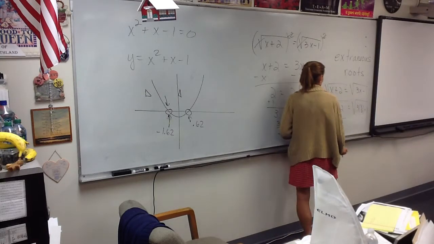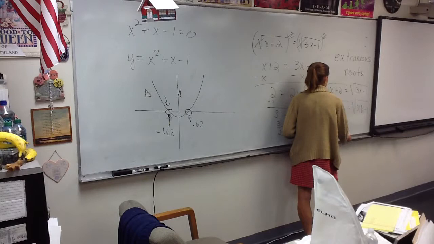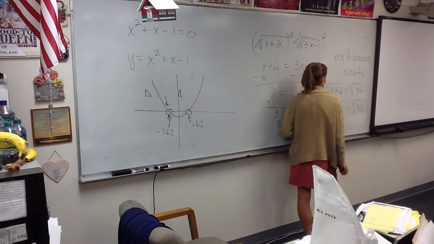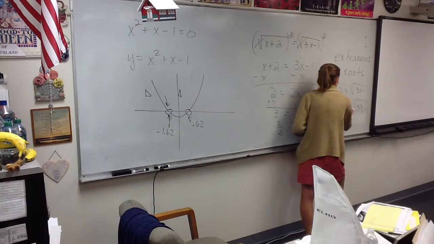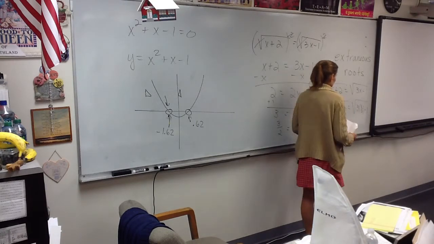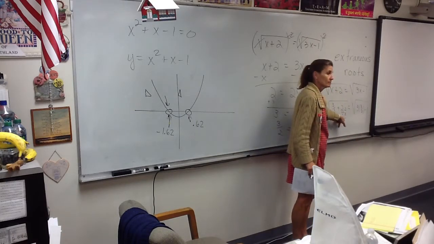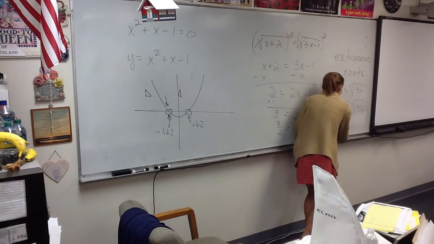Let's see. This is 2 over 1, right? So that would be 4 halves. Plus 3 halves, this would be 7 halves.